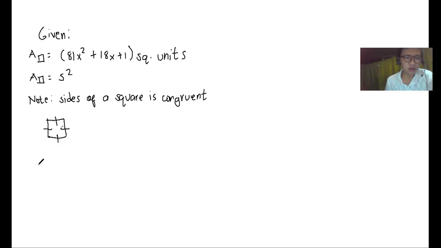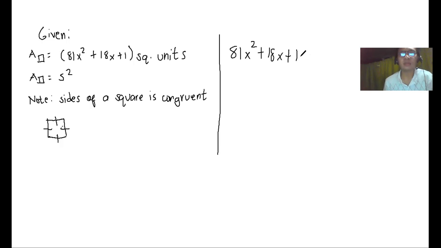So let us factor 81x squared plus 18x plus 1. Substituting the formula, area of a square equals s squared, so we can say that 81x squared plus 18x plus 1 equals s squared.